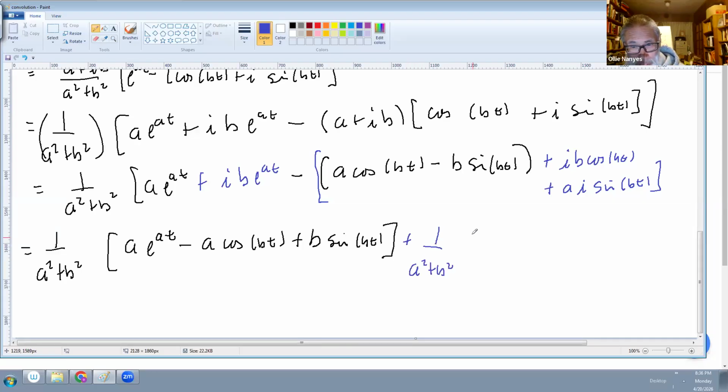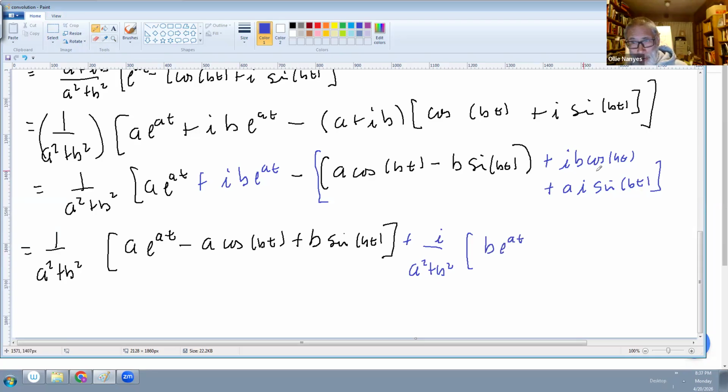I know it's inefficient. Now we have, let's put our i out here so we can really tell this is going to be the sine part. So let's do that. And we have our i right here. So we have b e to the at.